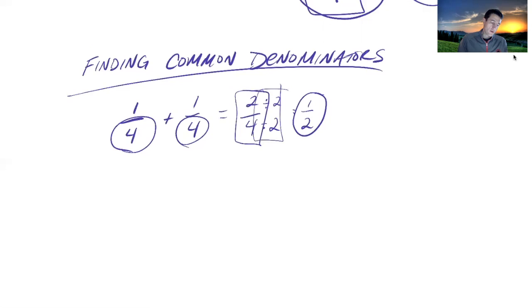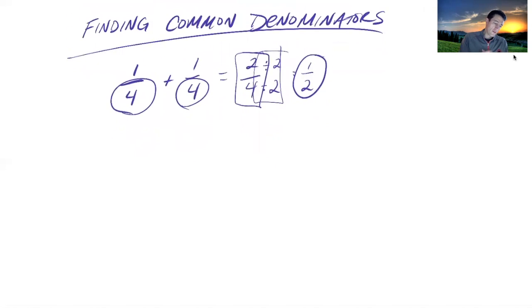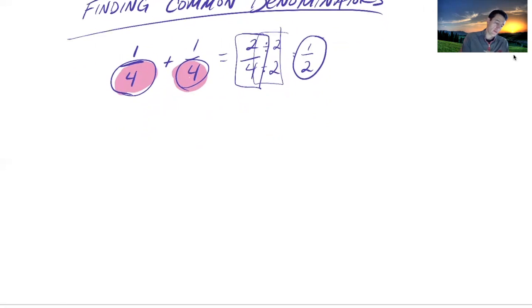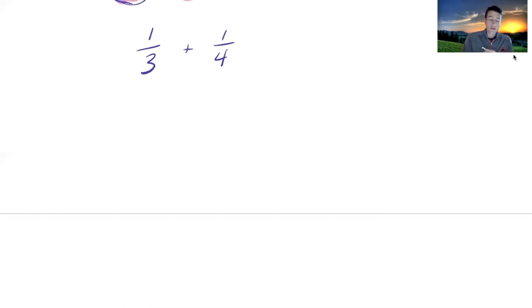So that's easy. If they give you common denominators, that's simple. But what happens when they give you something that does not have common denominators? So let's just do some simple numbers again. 1/3 plus 1/4. Now, you can't just add straight across because you cannot add until you have common denominators.